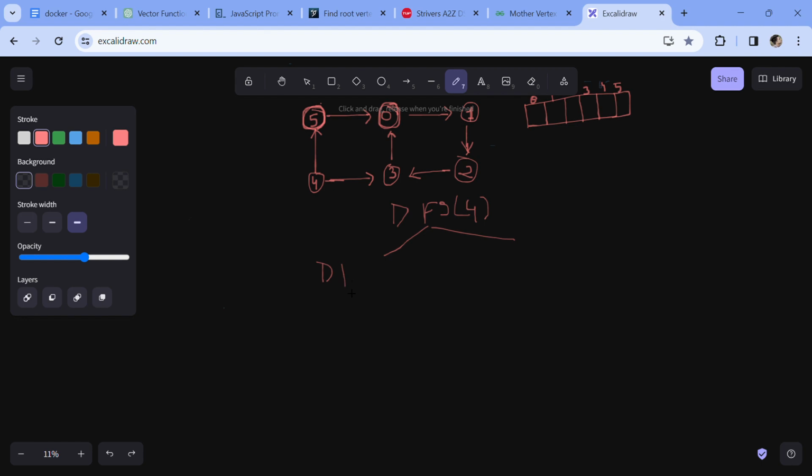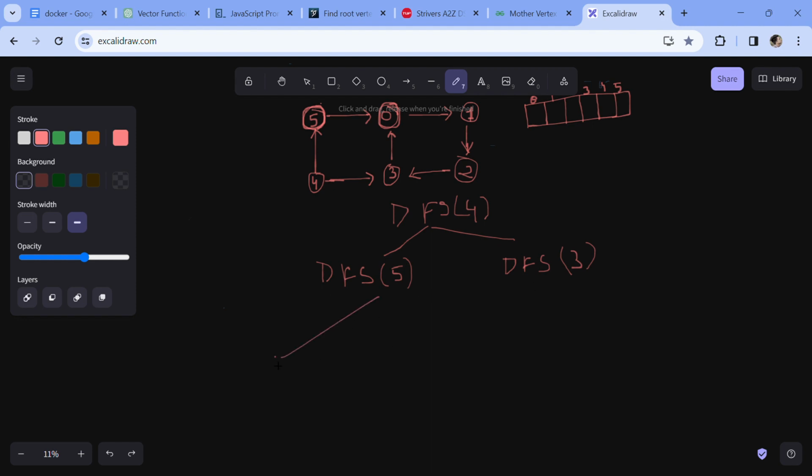So DFS of 5 will be called, and here DFS of 3 will be called. So two neighbors are available for the node 4, and from node 4 we can go to node 5 and node 3.